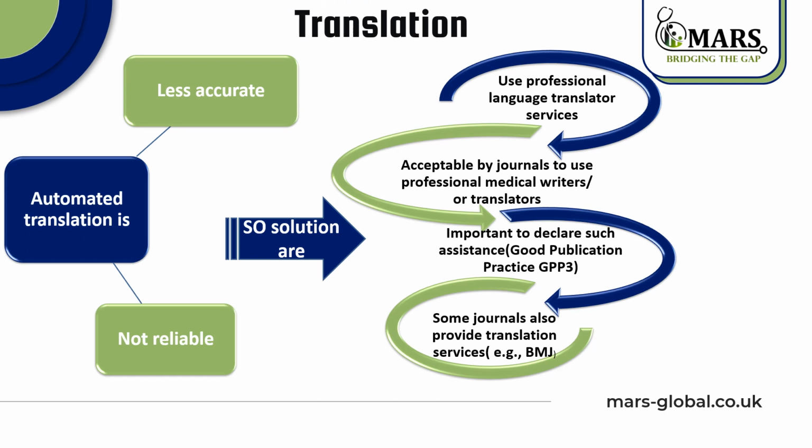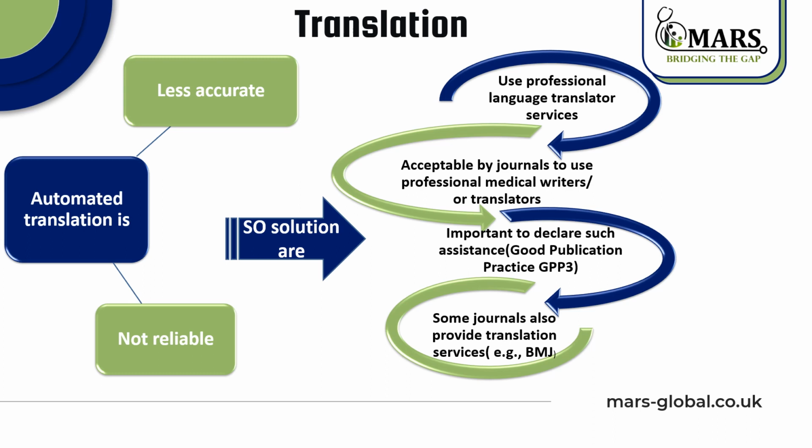Sometimes papers are not written in English, and mostly languages other than English are used. So in that case, a translation into English is important for the understanding of a wider audience. For that purpose, automated translation is sometimes used. However, studies have shown that automated translation is less accurate and not reliable.